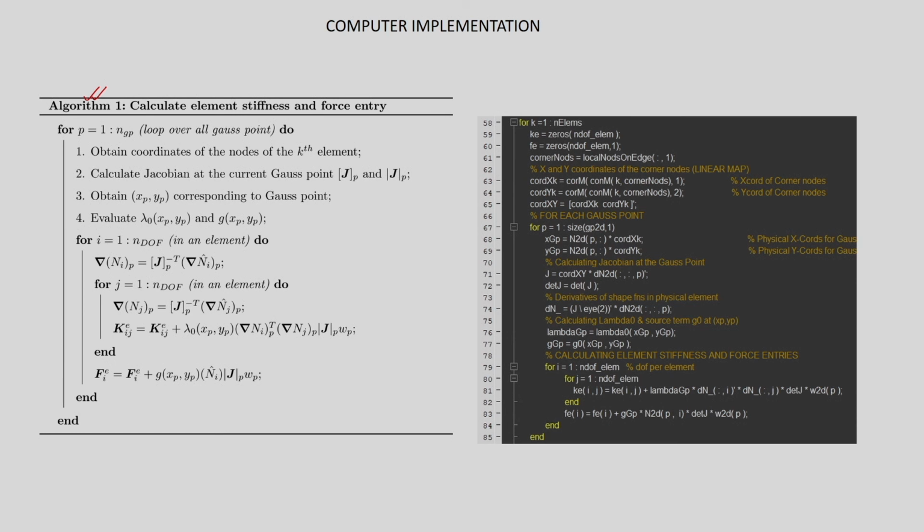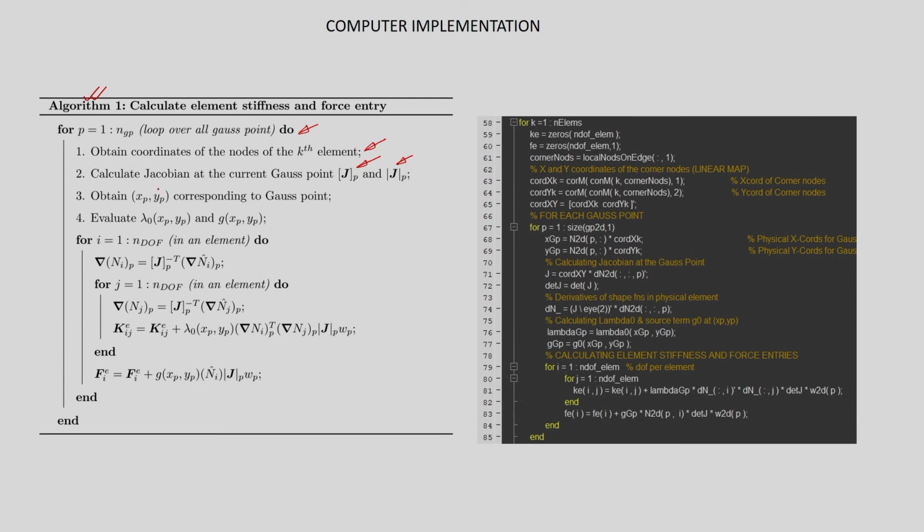Inside an element loop, for a given Gauss point, we first find the coordinates of the corner nodes of the kth element. Then at a given Gauss point we will calculate the Jacobian and the determinant of the Jacobian using the process that we described in the earlier slide.